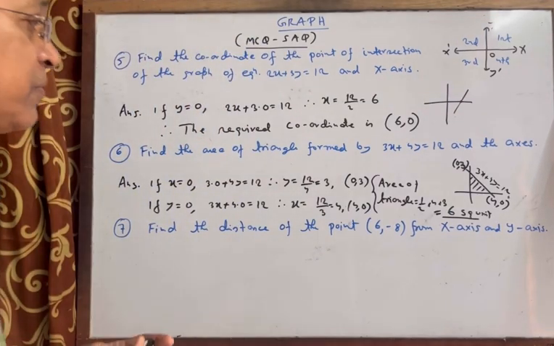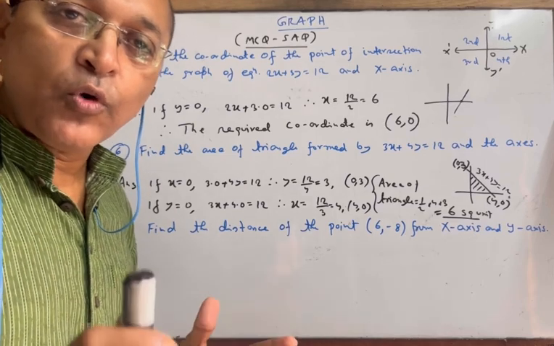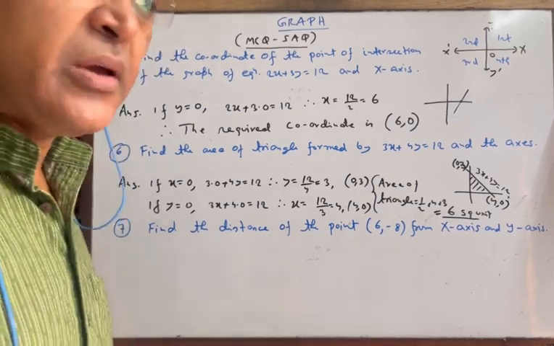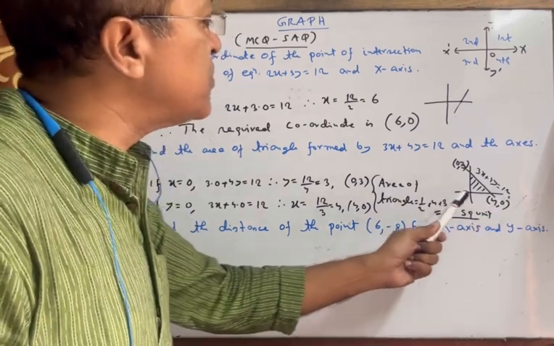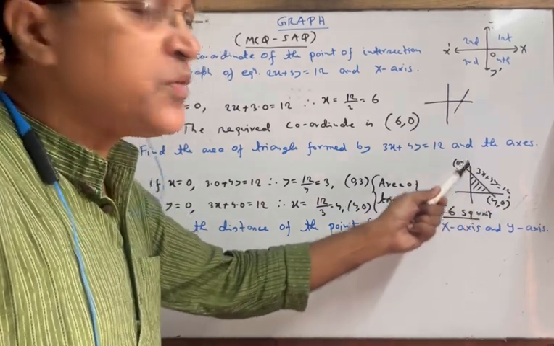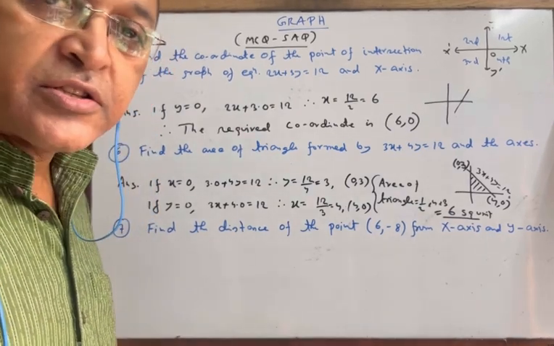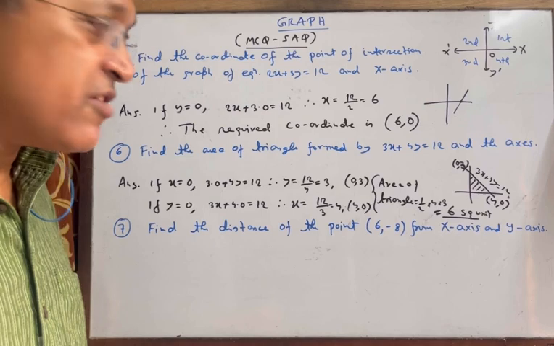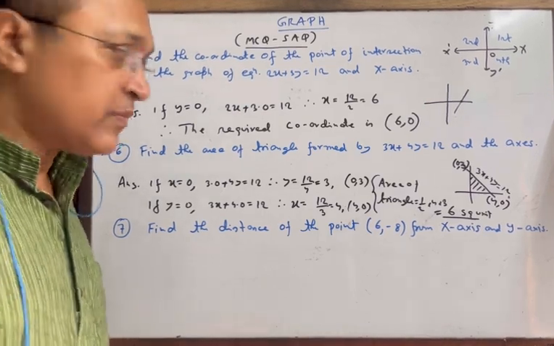Half into base into height is the area of a triangle, all of you know. This one being the base, which is 4, this one is the height, which is 3. So the area is 6 square unit. Very, very interesting and important also.